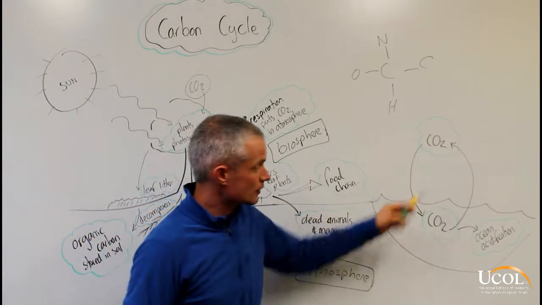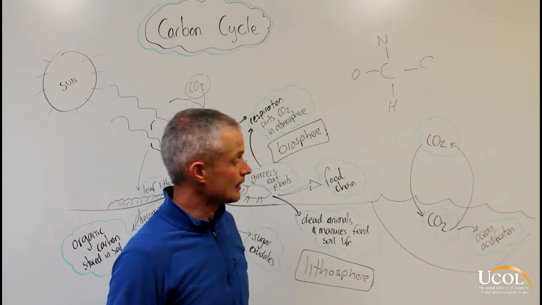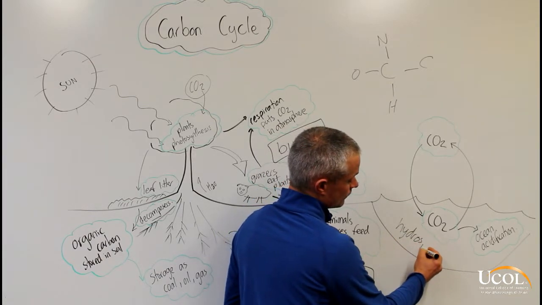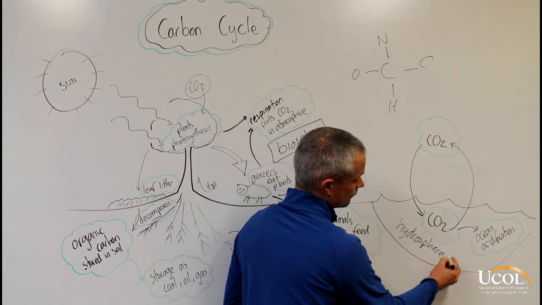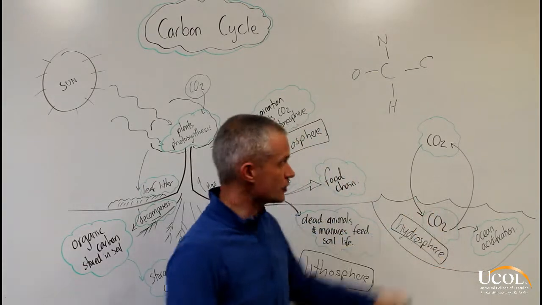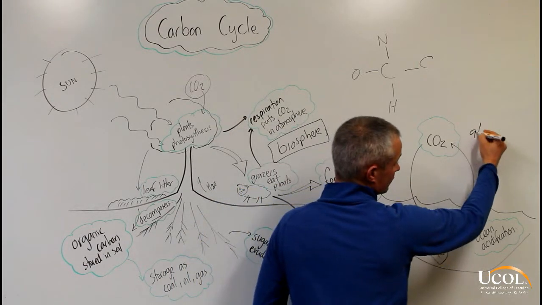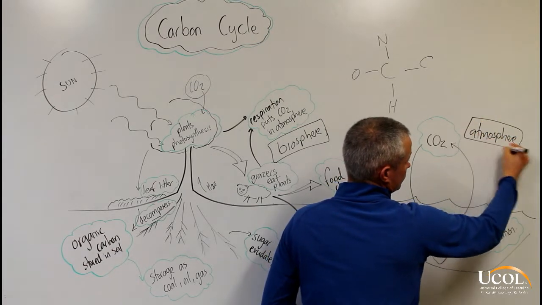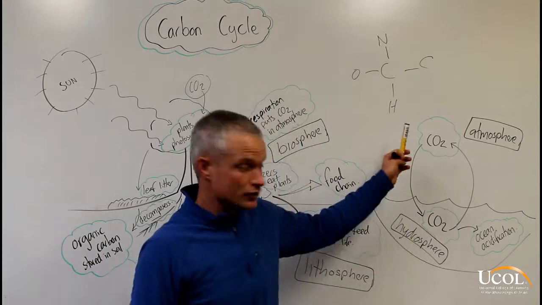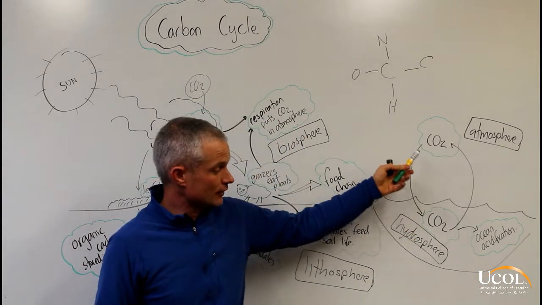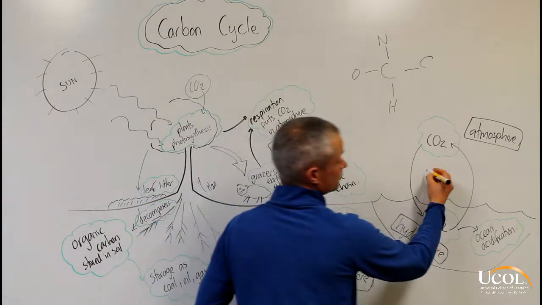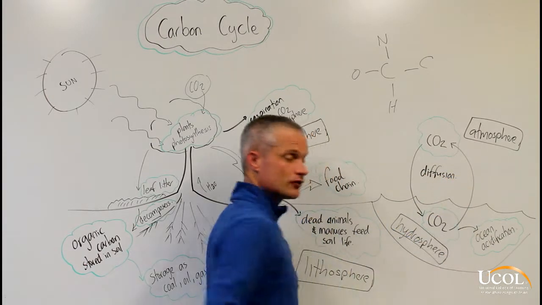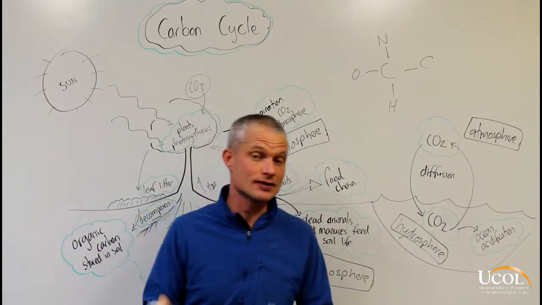And then there's also a link between the atmosphere and the hydrosphere. So if you've got an ocean here, and you've got the atmosphere, there is an exchange of carbon dioxide from the atmosphere by diffusion. So diffusion is just when things dissolve into something.